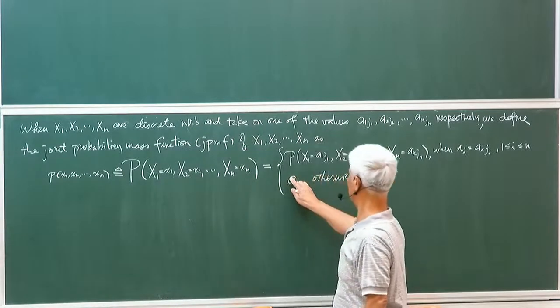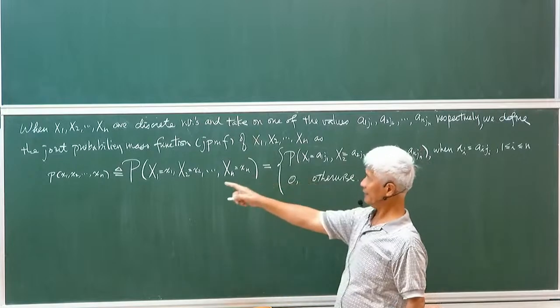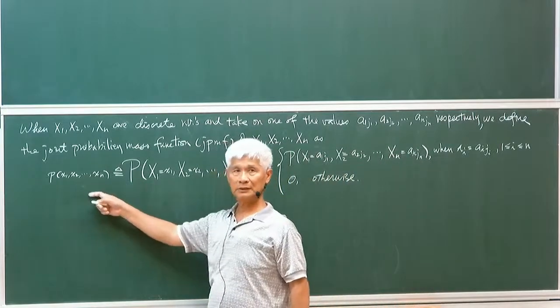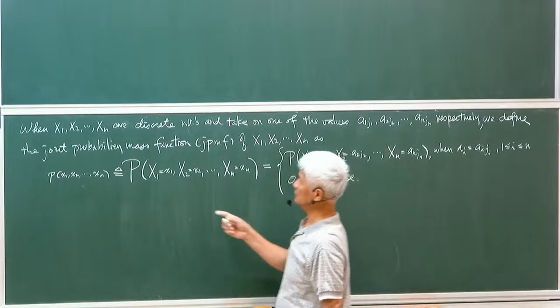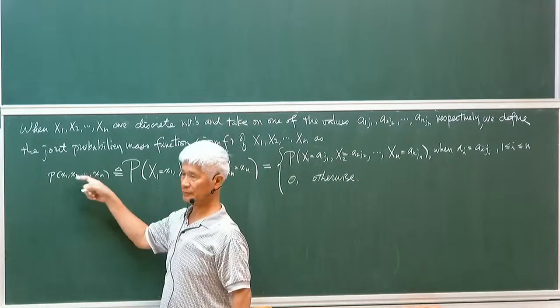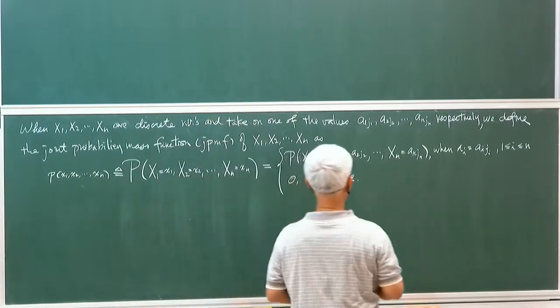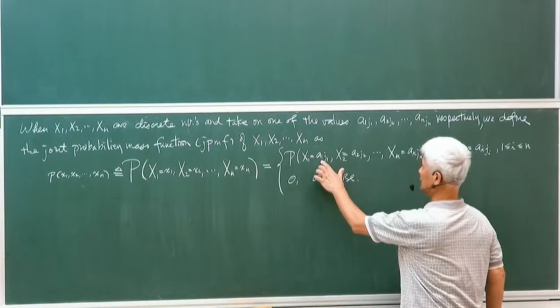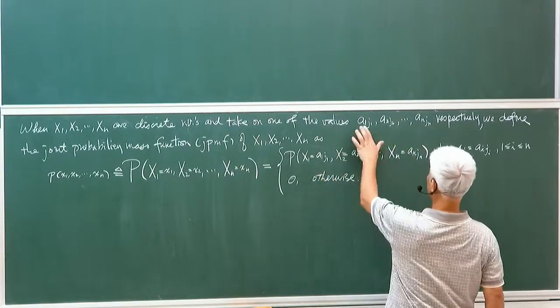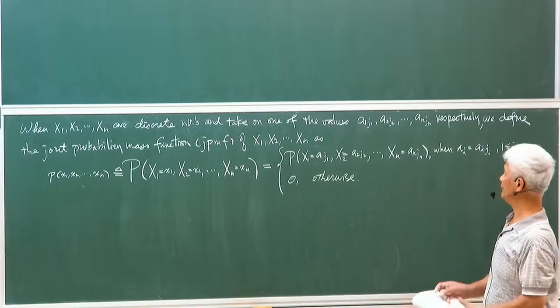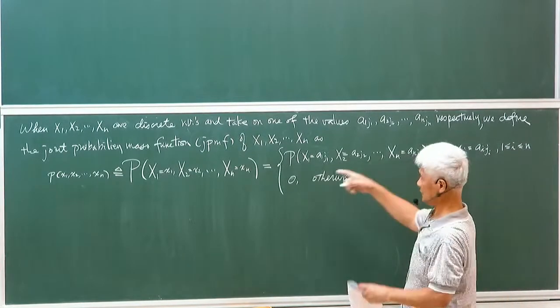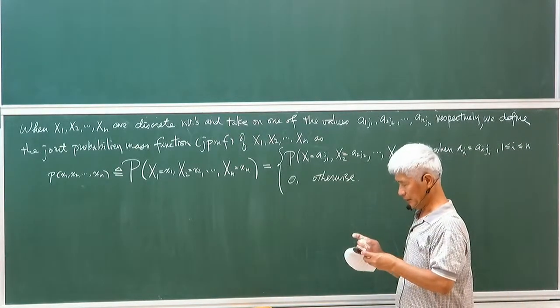So that, as you can see, the value of the joint PMF is 0 except for vector points which have components in the possible values. So this is the joint PMF.